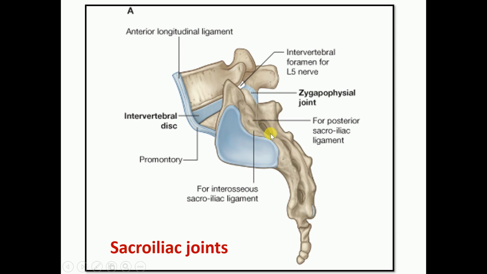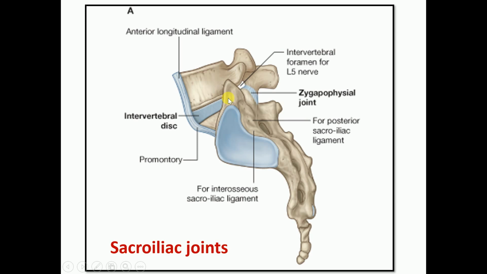The sacroiliac joint is surrounded and strengthened by four ligaments: the intraosseous sacroiliac ligament, attached here; then on the anterior aspect the ventral sacroiliac ligament; on the dorsal aspect the dorsal sacroiliac ligament; and between the transverse process of the L5 vertebra and the ilium, the iliolumbar ligament.